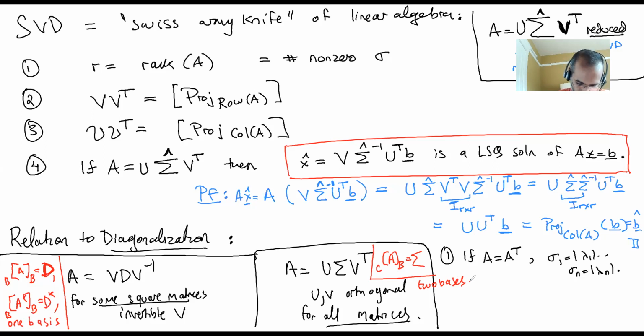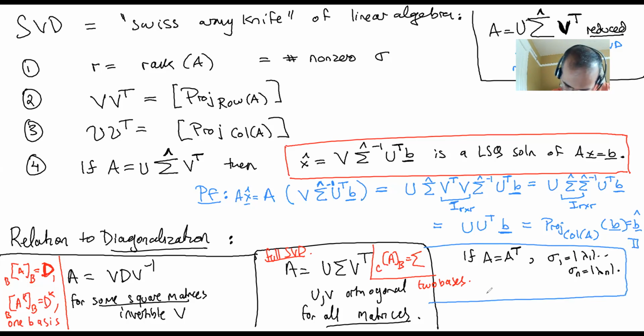Okay, so this is the full SVD. I guess this just ended up being sort of a side comment. I guess this slide is not very well organized, but this is for symmetric matrices.